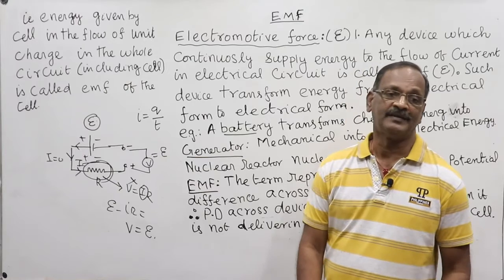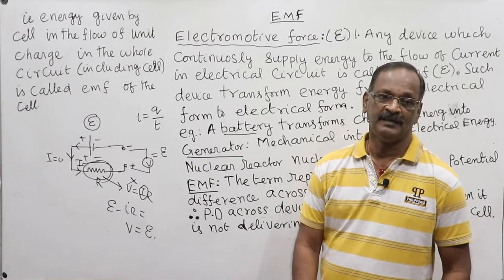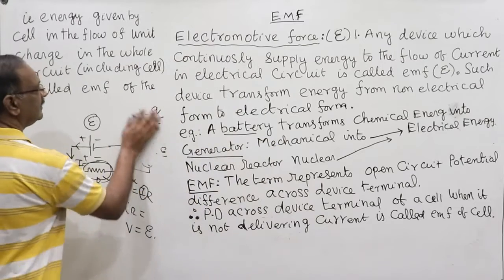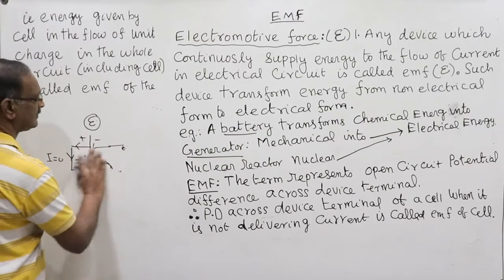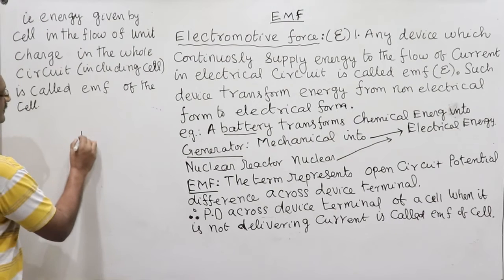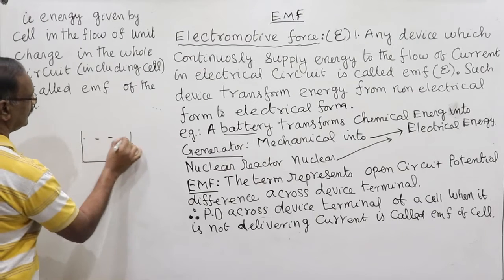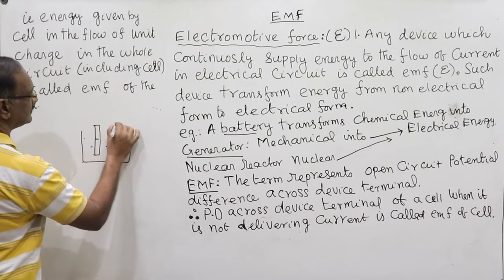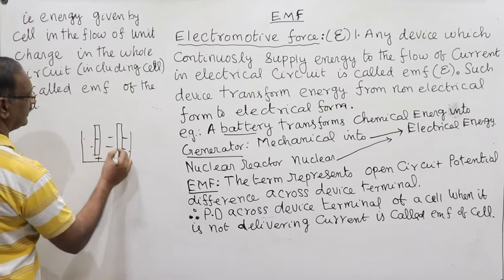Now, on what factors does the EMF depend? Suppose we take a cell with an electrolyte in it. This is the anode, positive, and this is the cathode, negative.